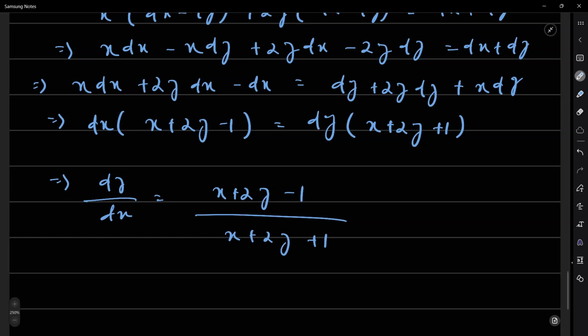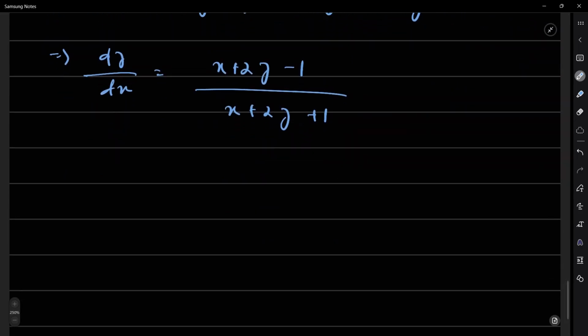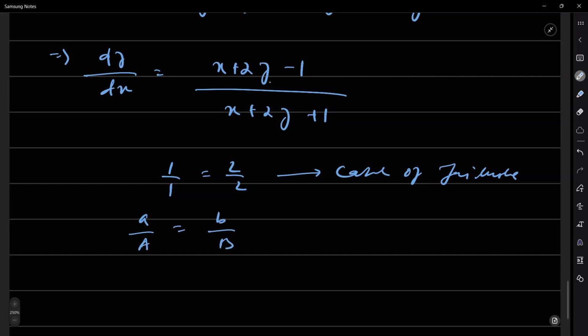So here we see that 1 by 1 is equal to 2 by 2. The coefficient of x's and the coefficient of y's, the division, that becomes equal. Then it is a case of failure. Then what will we do? The a by a becomes equal to b by b, right? We can see that the x plus 2y is common here, right?